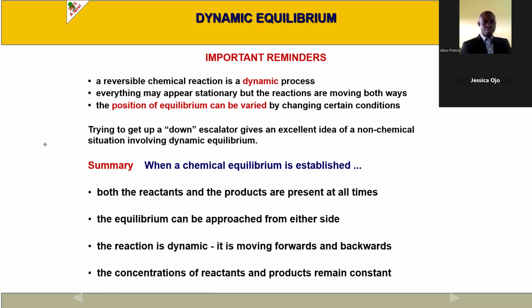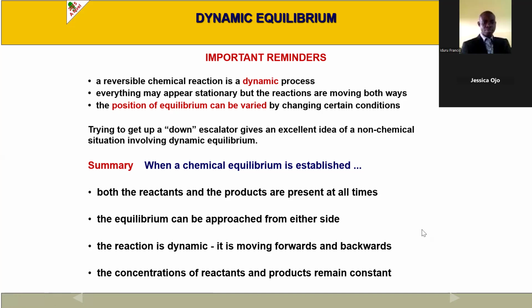At your A level, most questions approach the equilibrium from left to right. But in 100 level or 200 level, you will do both sides, from product to reactant and from reactant to product. But for now, it's just from reactant to product. They won't ask you product to reactant. But it can be approached from both sides, and you have the same answer.